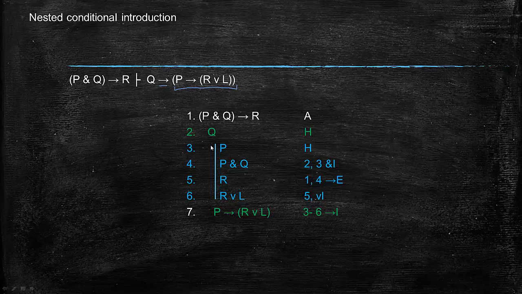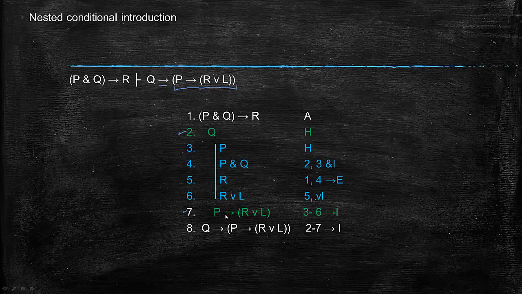Well, what's cool is that we actually have it. We hypothesized Q and we derived if P then R or L. So on line 8, we can assert if Q then if P then R or L, now by two through 7, right?